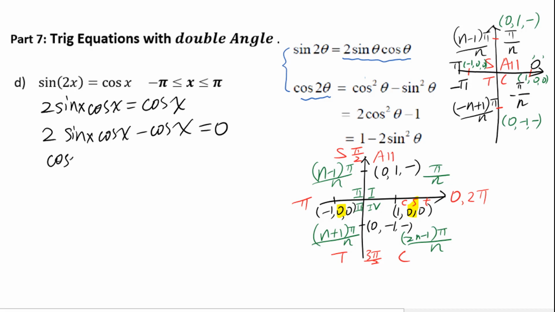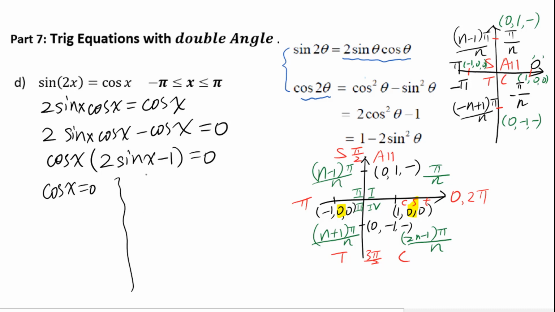Common factor, that's cosine x. You have 2 sine x minus 1 equal to 0. So you have cosine x equal to 0 and 2 sine x minus 1 equal to 0. This gives you sine x equals 1 over 2.